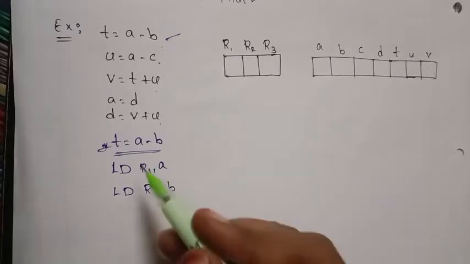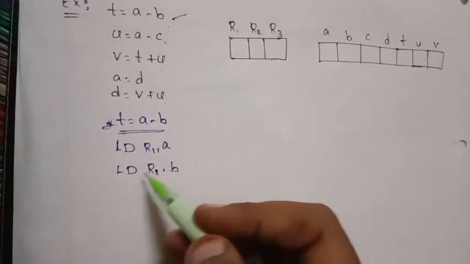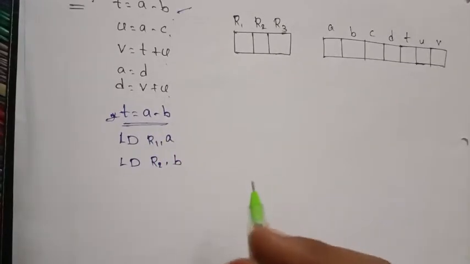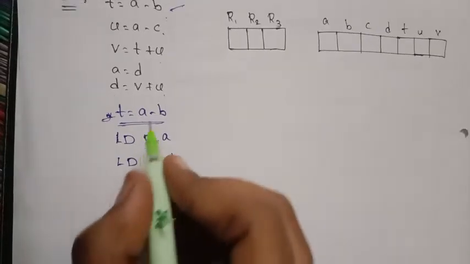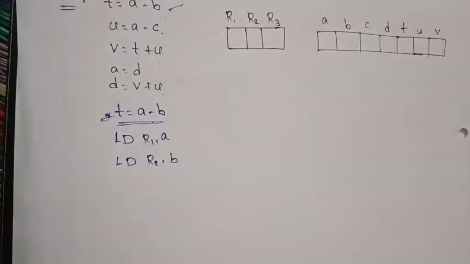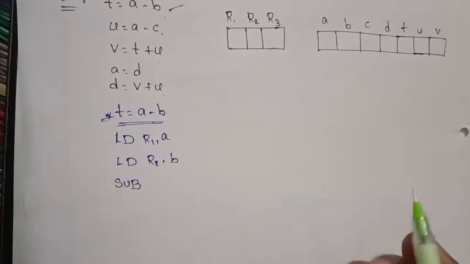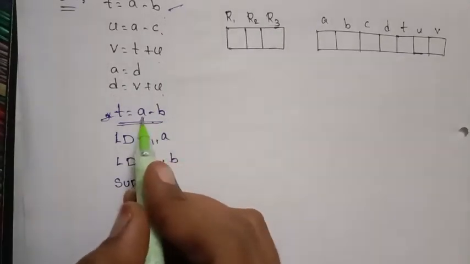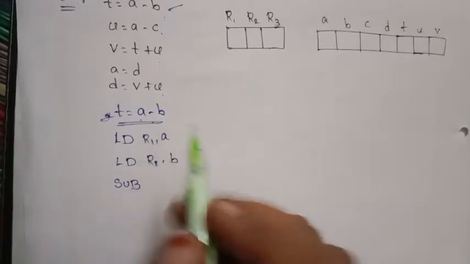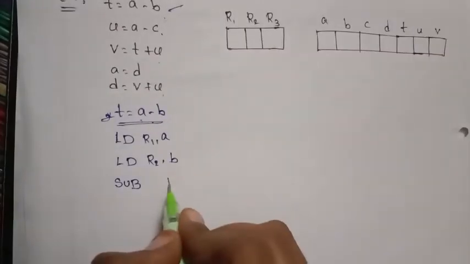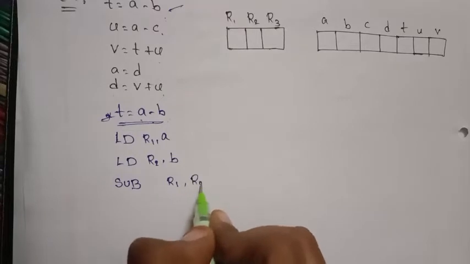So I have loaded a and b into their corresponding registers. Now we need to perform the subtraction. Just write sub, and the operands are the registers where they are stored, a in R1 and b in R2.